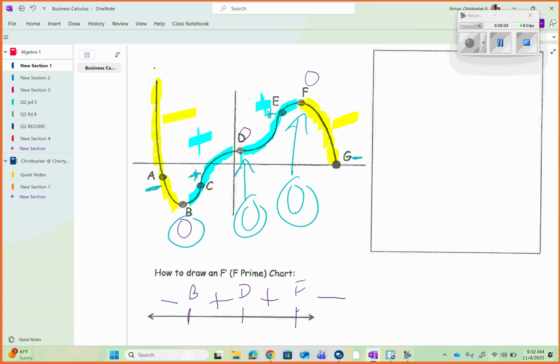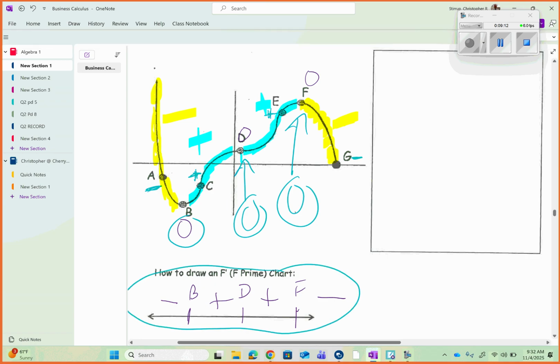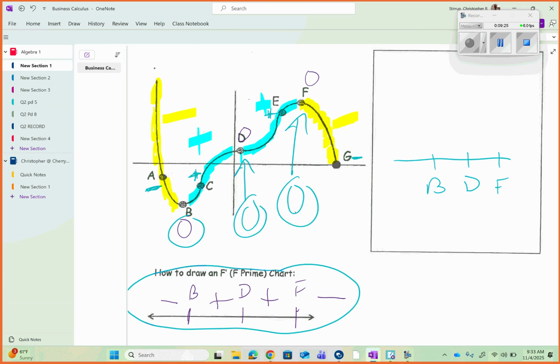So if I had just this given to me, and we would probably have numbers for B, D, and F, but if I wanted to draw it myself, if I didn't see my actual picture, I would label B, D, and F and ask, what does this graph look like?